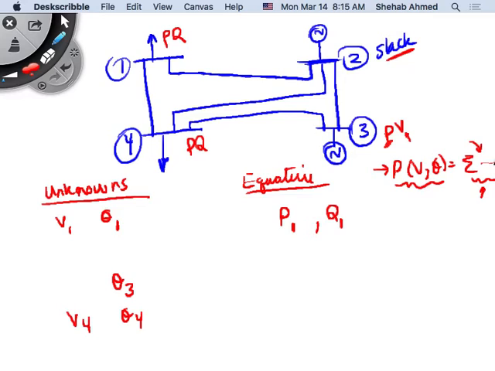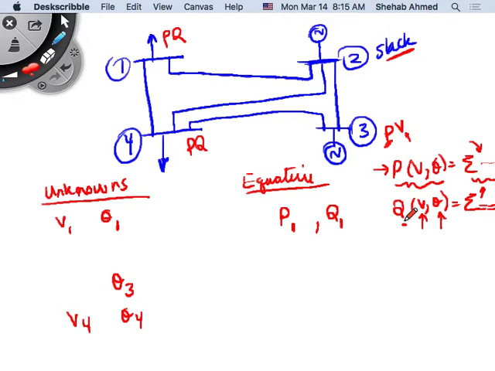But I cannot use the reactive power equation here because I don't know the reactive power. It's also an equation in voltage and angle, and I don't know the voltage or the angle at this bus, and I don't know the reactive power.